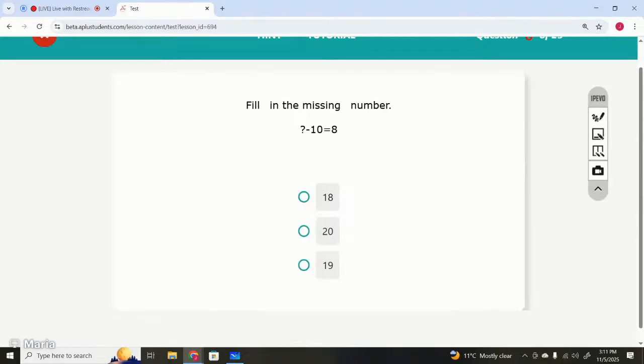Fill in the missing number. So what number minus 10 equals 8?